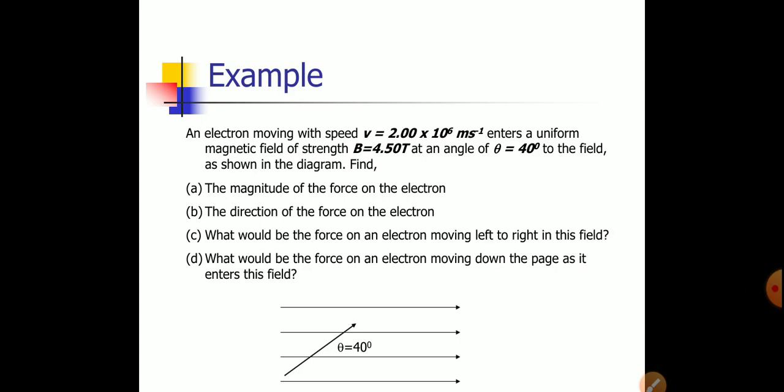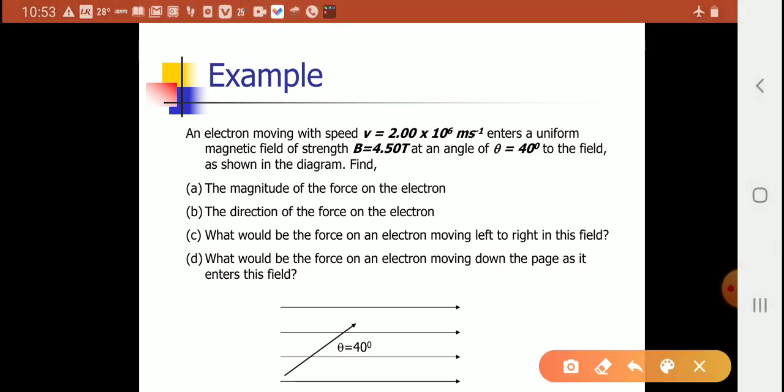Calculate A, the magnitude of the force on the electron. B, the direction of the force on the electron. C, what would be the force on an electron moving left to right in this field. Or D, what would be the force on an electron moving down the page as it enters this field.